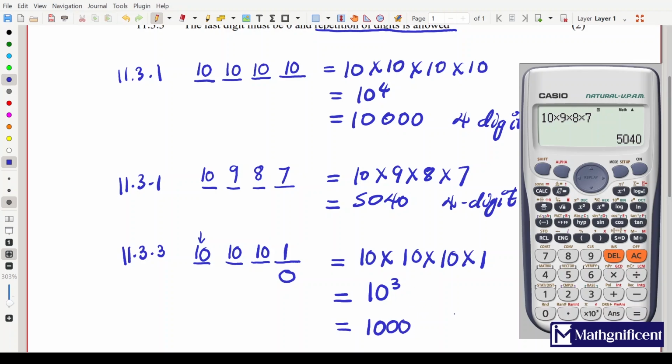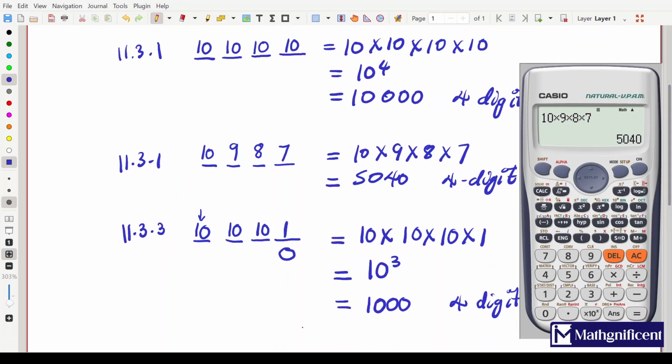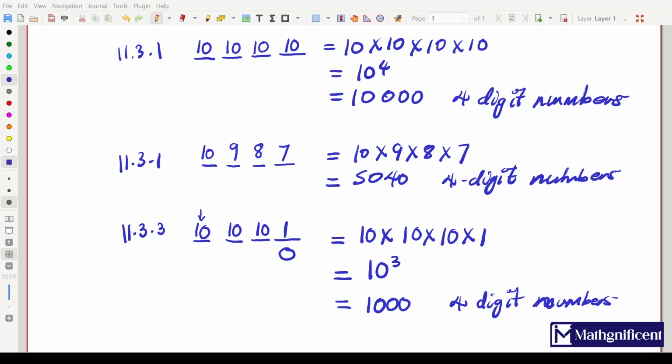So meaning that 1000 four-digit numbers can be made if repetition is allowed and the last digit must be 0.